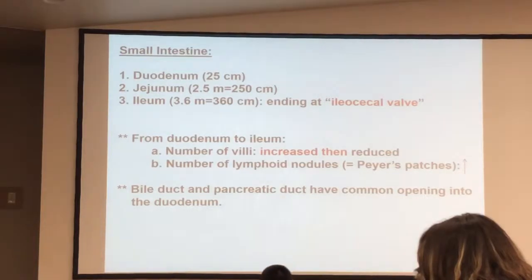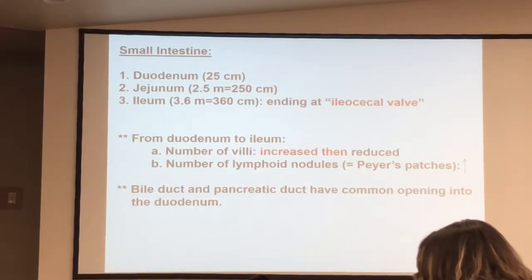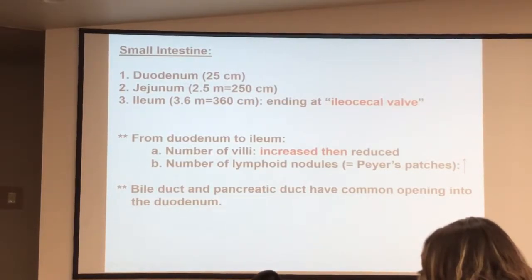Also the lymphoid tissue, lymphoid nodules or Peyer's patches, in the lower part, in the ileum, also increase, because in the lower part of the small intestine we have a lot of bacteria and a lot of waste. We need more lymphocytes. Duodenum is very special. The bile duct sends the bile there. The pancreatic duct will send enzymes in the buffer layer. So everything will go to the duodenum.